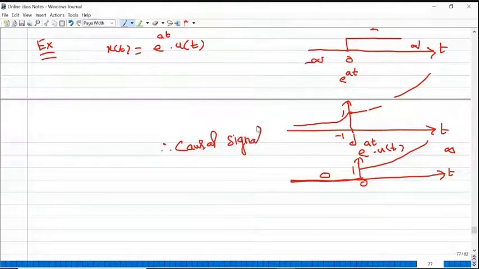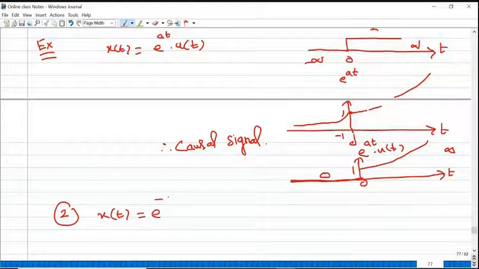Identify whether the following signal is causal or non-causal signal. Okay, so example 2, x of t equal to e power minus 2t dot u of minus t.